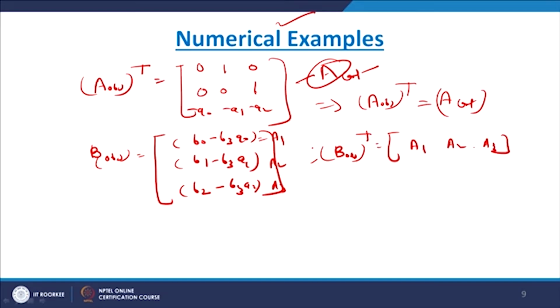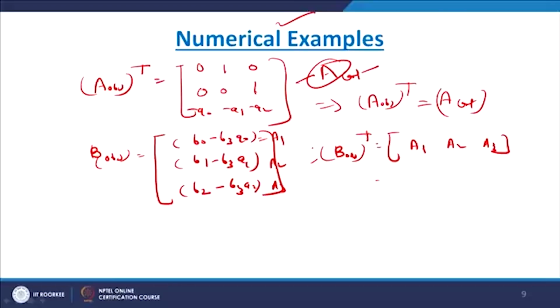So, here in case of observable form, the B matrix we are getting is the original state space model's, whereas what happened in case of the controllable canonical form? These elements are coming as a C matrix, therefore, this is nothing but the controllable matrix.